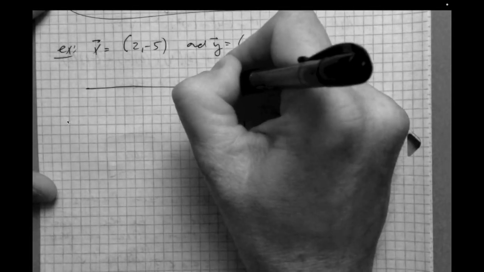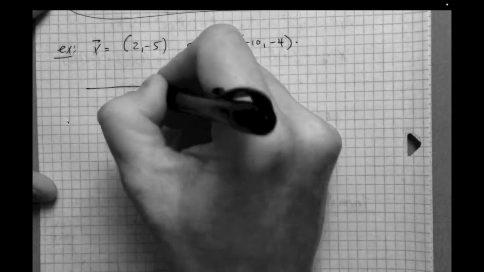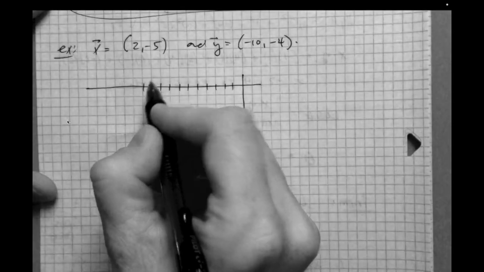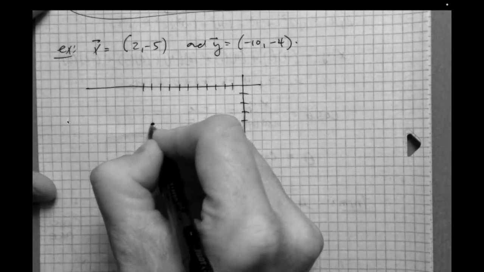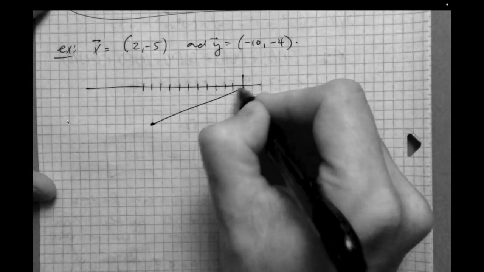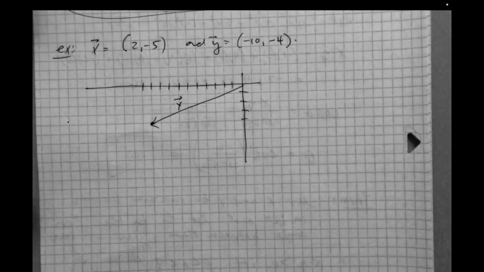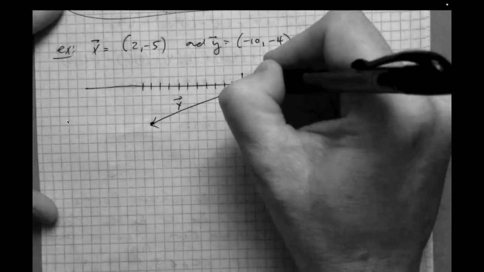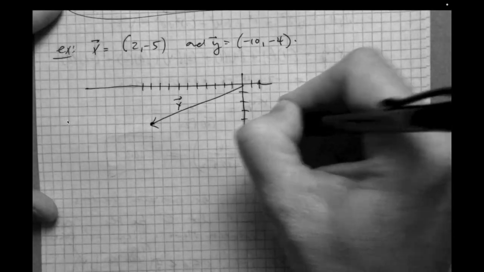So 1, 2, 3, 4, 5, 6, 7, 8, 9, 10, 11. So negative 10 and negative 4, somewhere about here. So here's your y. And then x is (2, -5), so 2 over, 5 down, right about there.